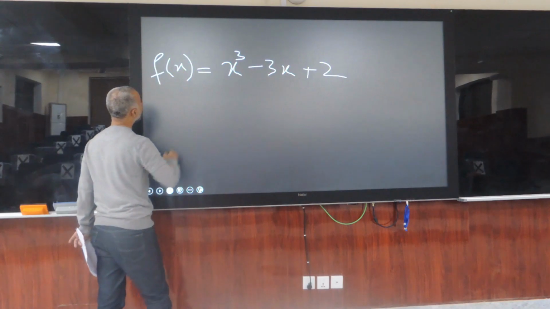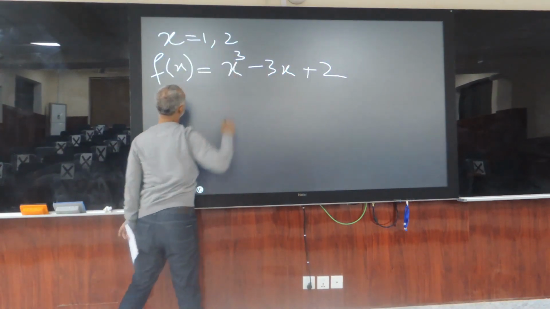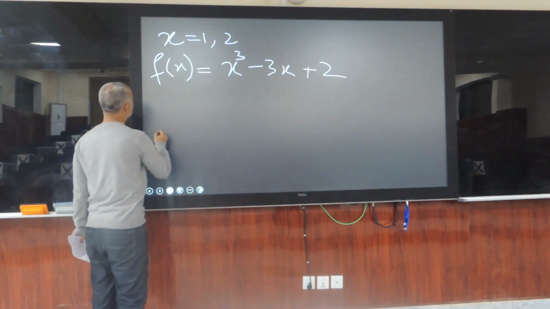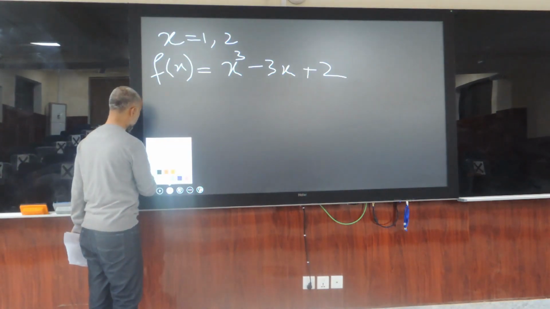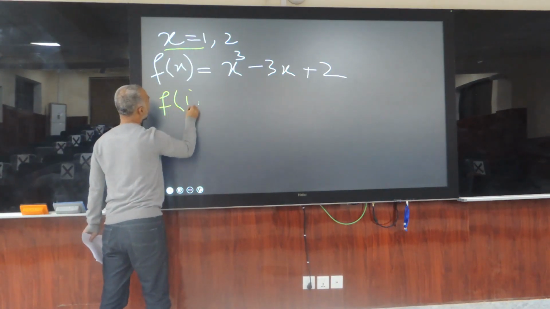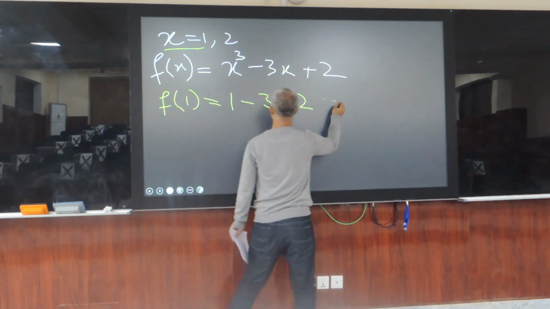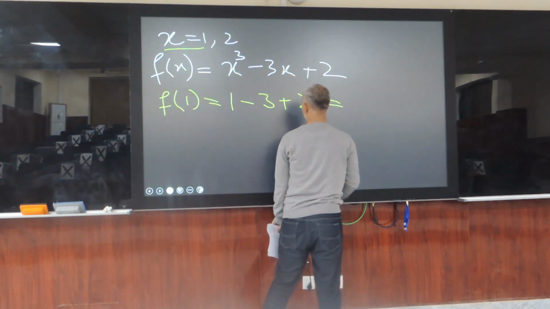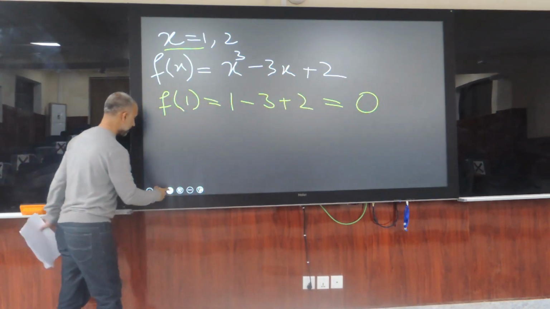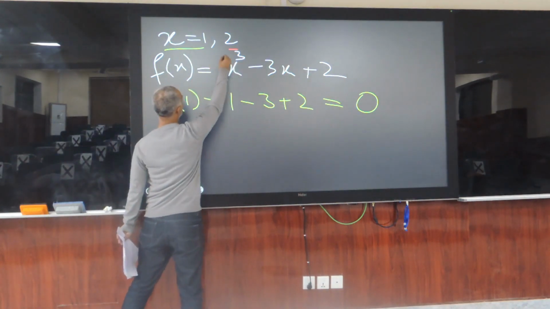So we will have two possible outcomes, x equal to 1, 2. Let's suppose for x equal to 1, f of 1 is 1 minus 3 plus 2. The answer is what? The answer is 0.